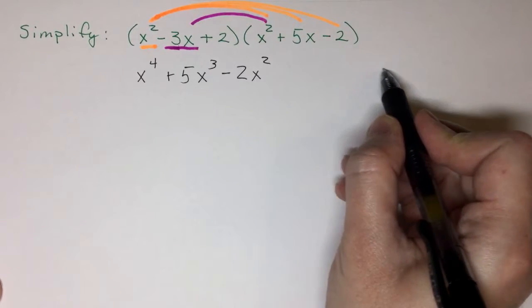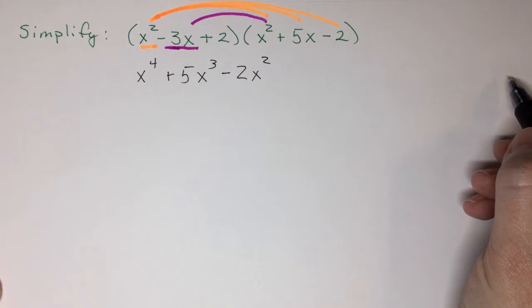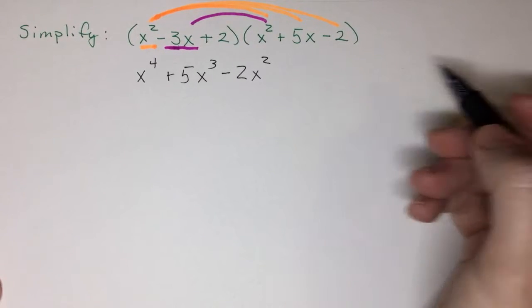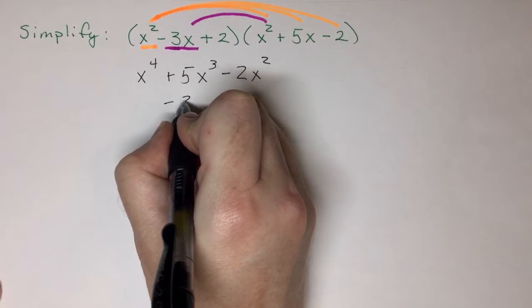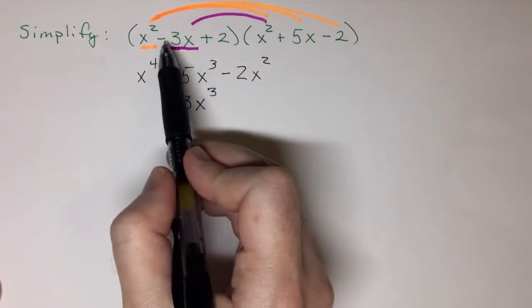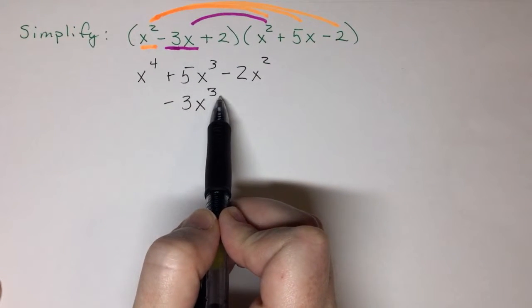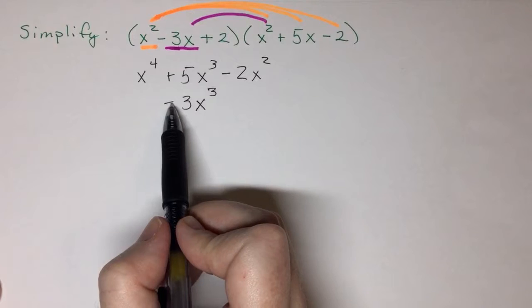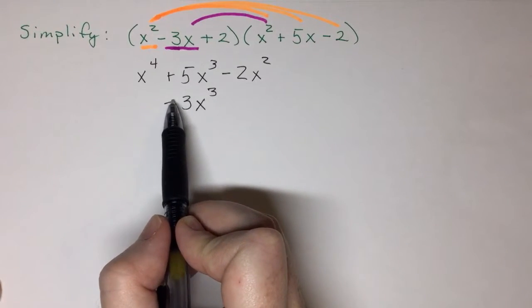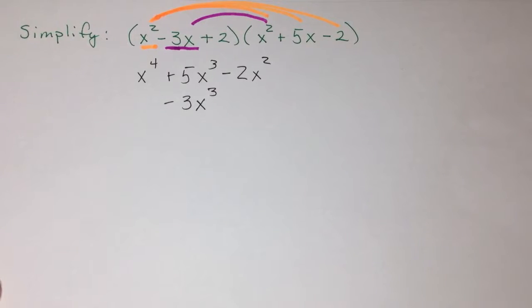Now I could write it just straight along here, but then this is going to get really long and I'll have trouble aligning like terms. So what I'm going to do is put it underneath where I have the like term. X cubed, x cubed. Minus 3x times x squared is minus 3x cubed.